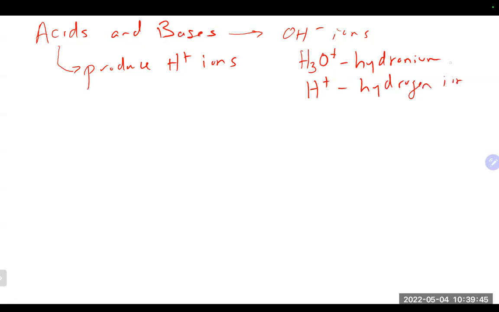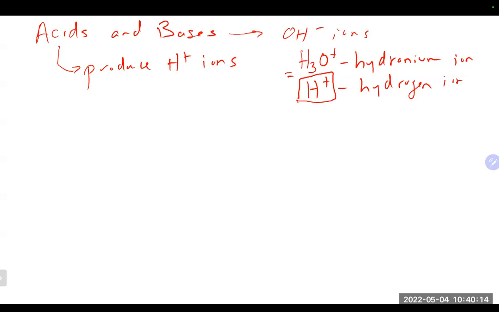They're used interchangeably in both formulas and reactions. I think I mentioned last time that I personally lean toward just writing H plus. Anywhere I write H plus, you can swap it out for H3O plus, it's the same deal.